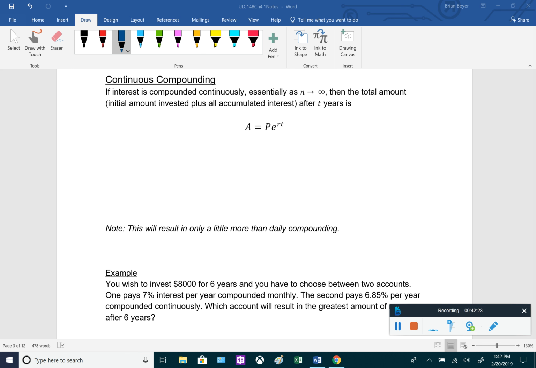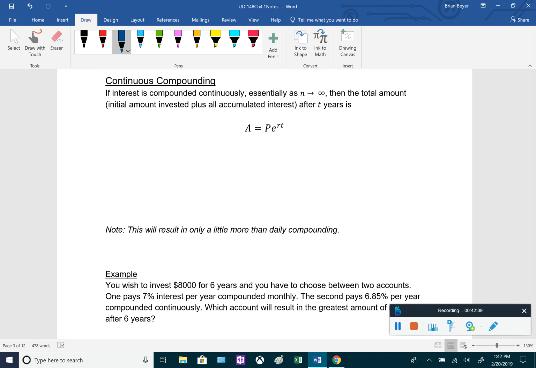Then the formula that we end up getting for the total amount, instead of the formula we were just using, is going to be A equals P times e to the rt, e being the natural base. Since n is essentially infinity, we could not use the formula that we were just using because you can't plug in infinity. So that's where that limit comes into play.